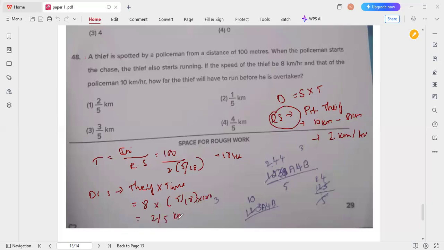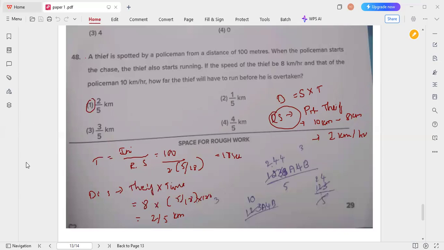There are many steps, and I missed many steps in between. So by solving step by step, with the help of the distance formula, the initial distance and the relative speed formula, you'll get to know the answer. So 2 by 5 kilometer is the correct answer for this question.